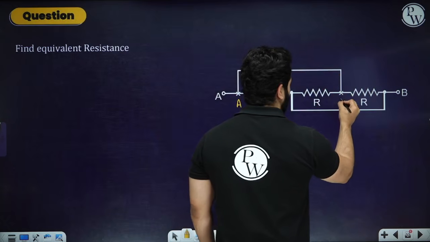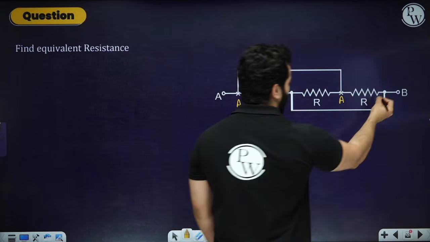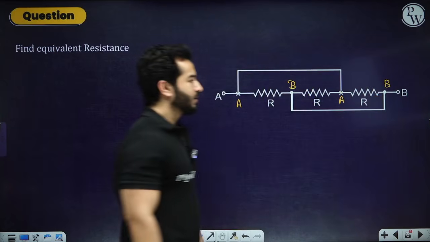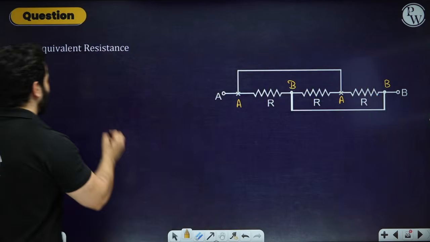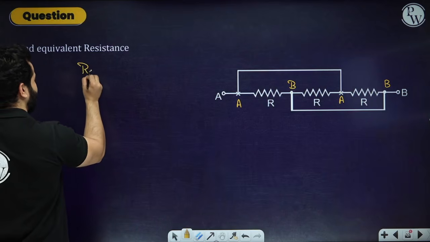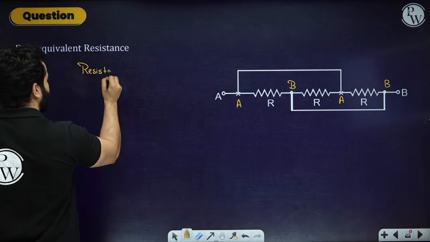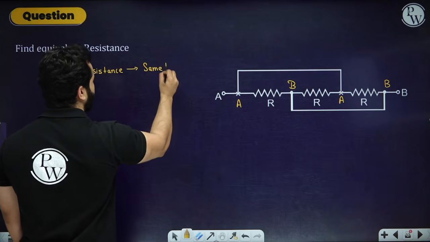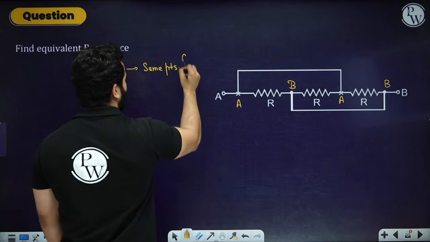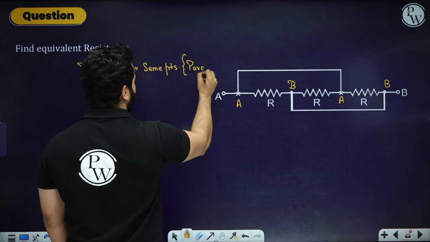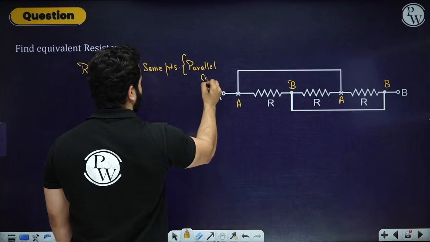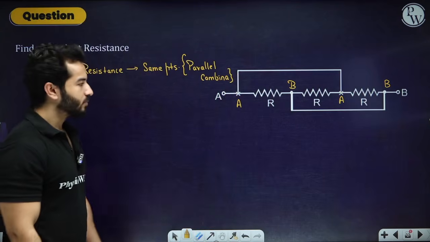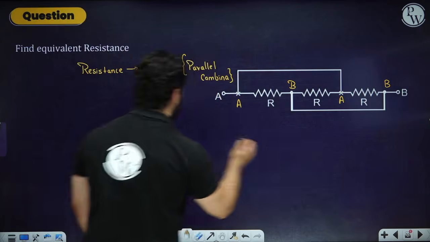If this point is B, this point will also be B. Now you have got only 2 points, and when resistances are connected between same points, that means they have got same potential, which means we are talking about a parallel combination. Alright, so you have got 2 points A and B.